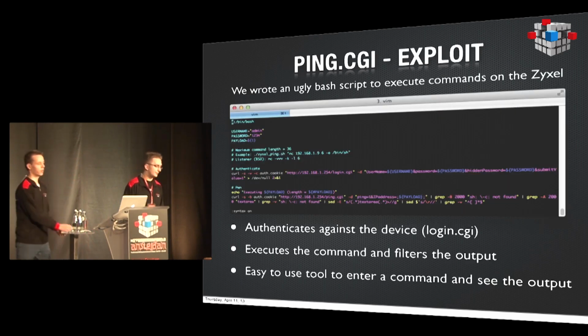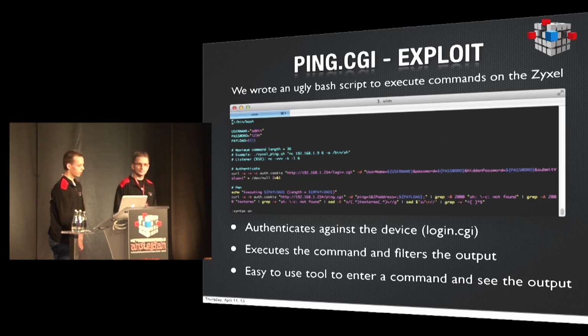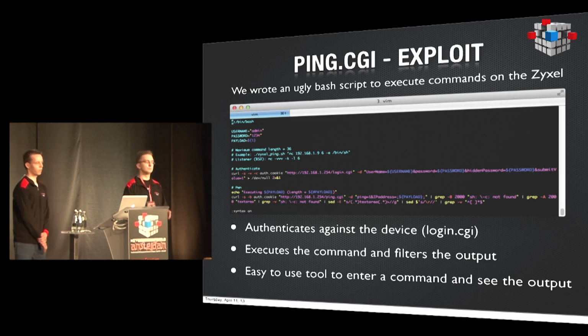So what did we do? We created an exploit, an ugly bash script. So this bash script uses curl to authenticate against the device, and the device will set up a session, and it will return a Set-Cookie header, so we can use that cookie for the next request. So the cookie is saved to a file.